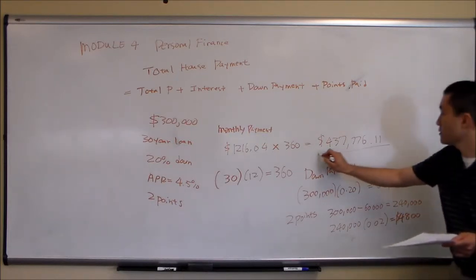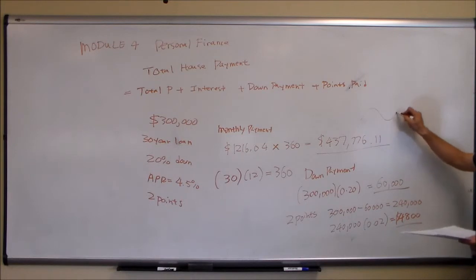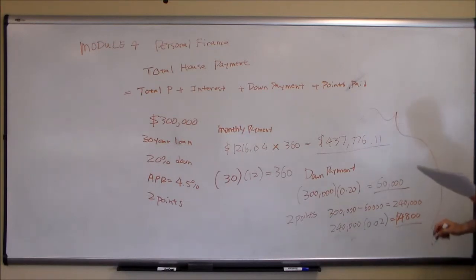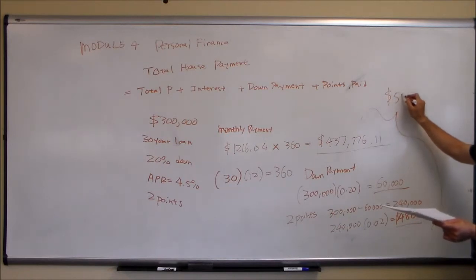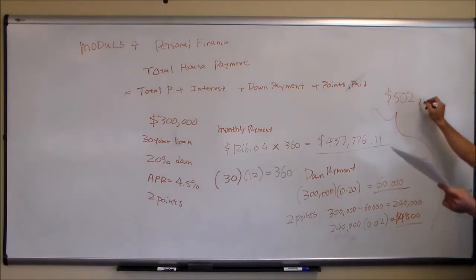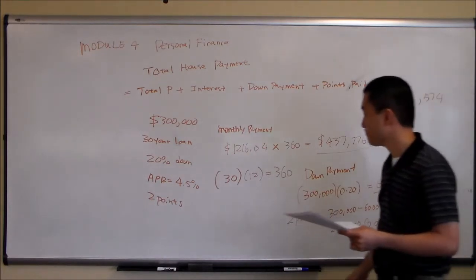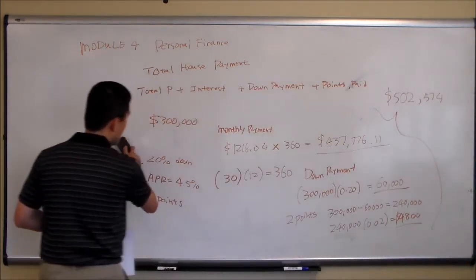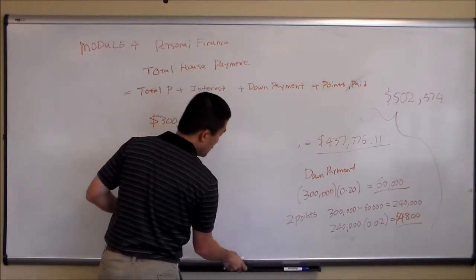So you add this, this, and this all together. If you add it up, you get this: 500 to 574. Ouch. Okay. So that's your whole payment.